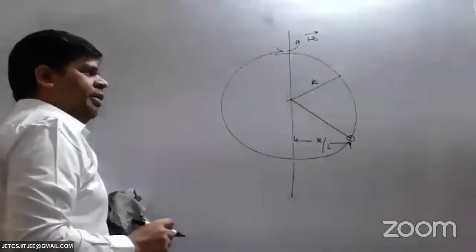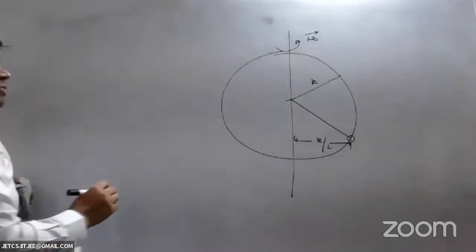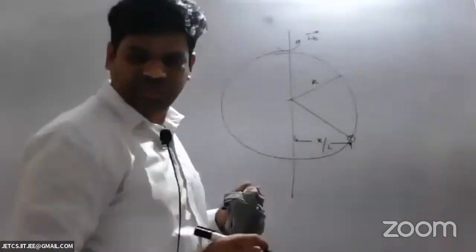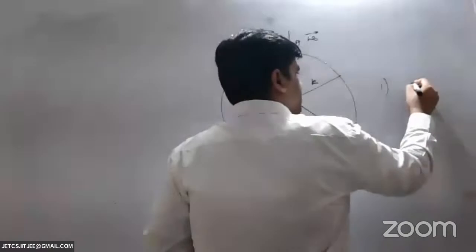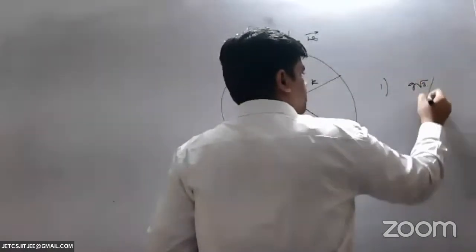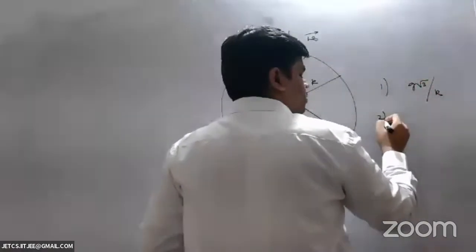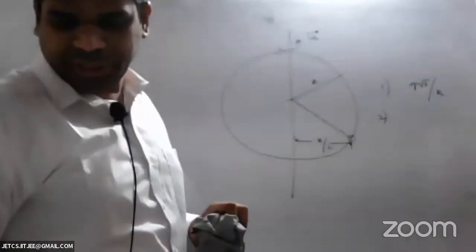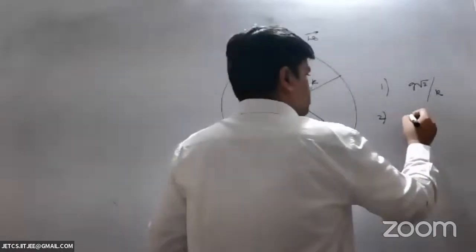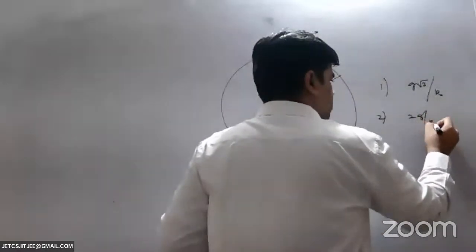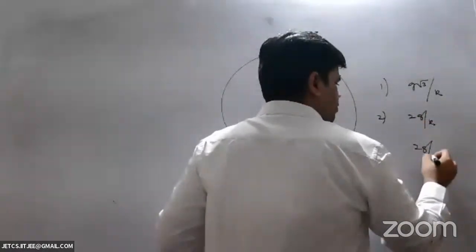Required to find omega square. Options are, first option is g root 3 by R. Second option 2g by R. Third option 2g by R root 3.